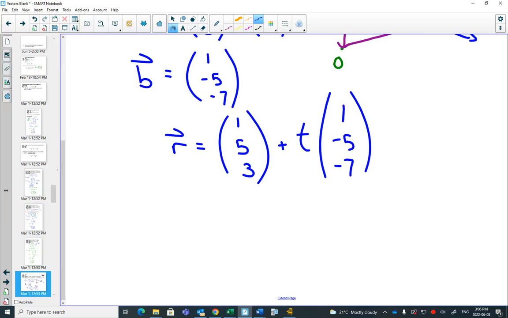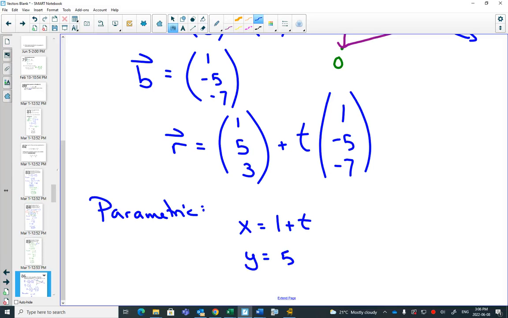Just for fun, let's put it into parametric. You always have to do parametric first before you go Cartesian. Parametric would say that your x value is 1 plus t, your y value is 5 minus 5t, and your z value is 3 minus 7t.